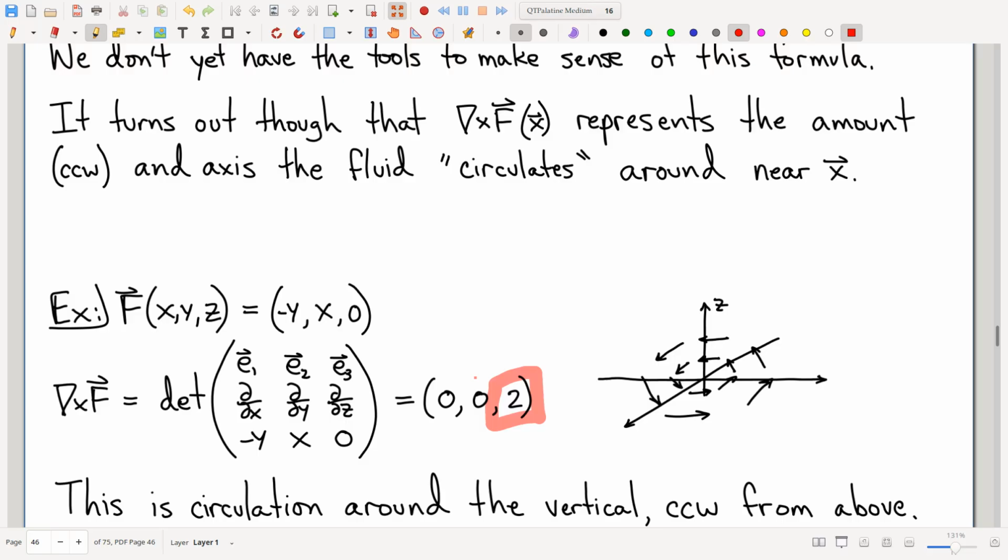I have to tell you, we need a formula for what circulation is. And even then, we're going to keep it in the math zone. We're not going to get into units and stuff like that. So suffice it to say, a longer curl vector just suggests more rotation. Okay.